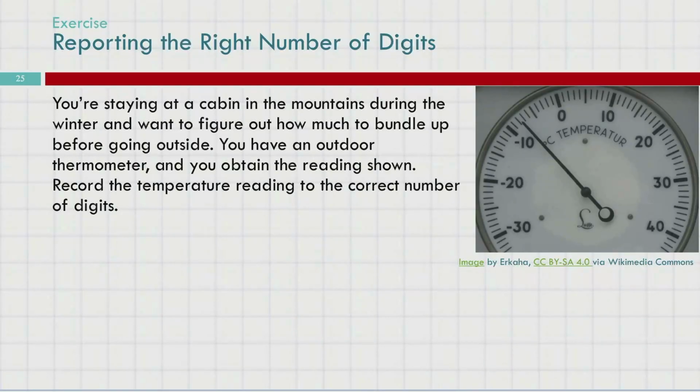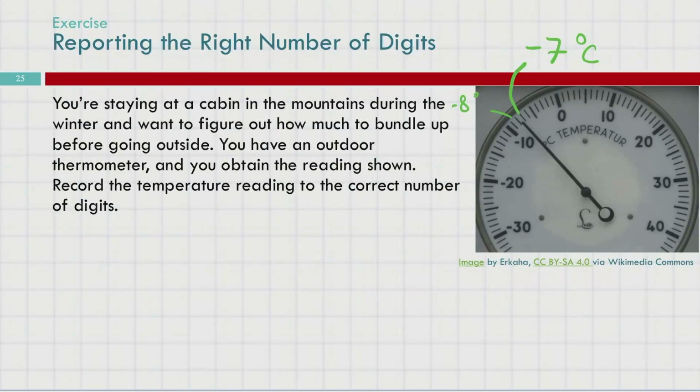So on this temperature reading, we've got our 0 here. We've got our -10. So we're in negative numbers, so we're going to be counting from the 0 to the left. So we're 1, 2, 3, 4, 5, 6, 7. -7 is right there. And that's degrees Celsius.